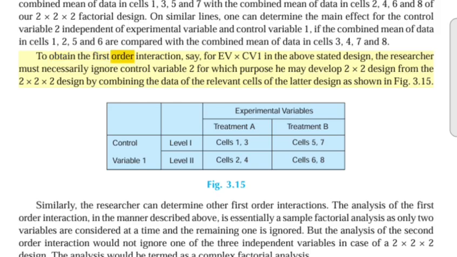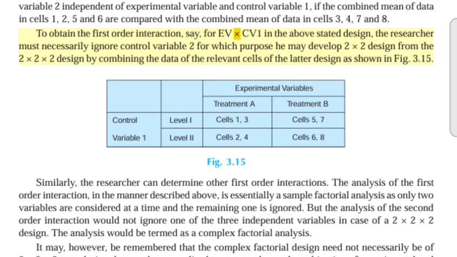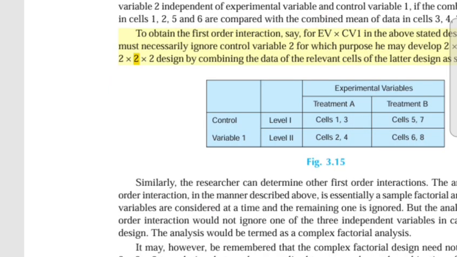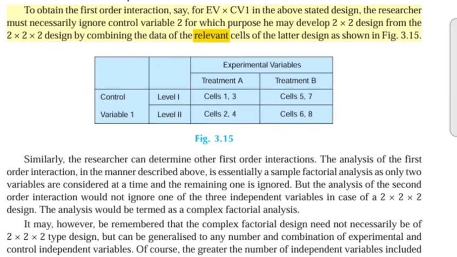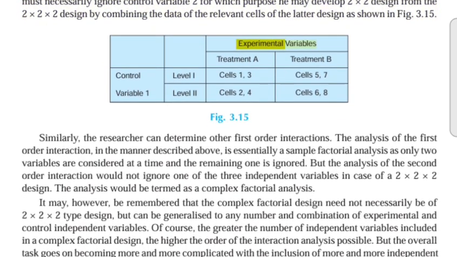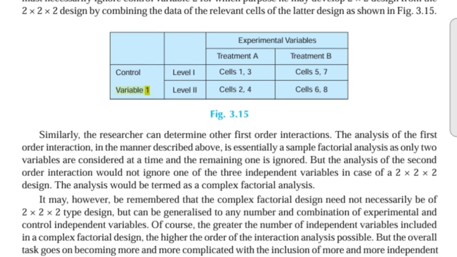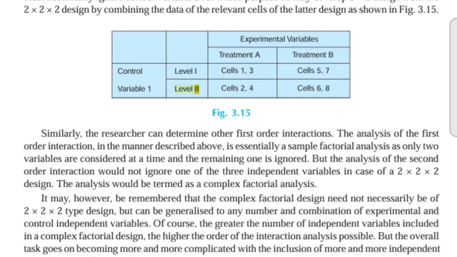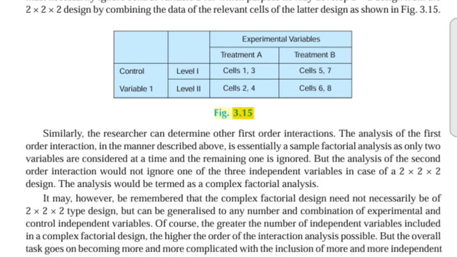To obtain the first-order interaction, say, for EV times CV1 in the above stated design, the researcher must ignore control variable 2, for which purpose he may develop a 2 times 2 design from the 2 times 2 times 2 design by combining the data of the relevant cells as shown in Fig. 3.15. Experimental variables treatment A, control variable 1, level 1 cells 1, 3, level 2 cells 2, 4, Fig. 3.15, treatment B cells 5, 7, cells 6, 8. Similarly, the researcher can determine other first-order interactions.